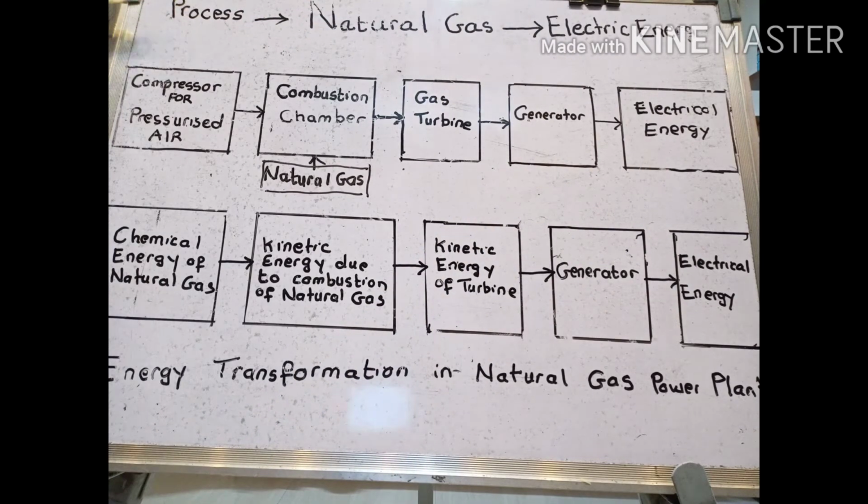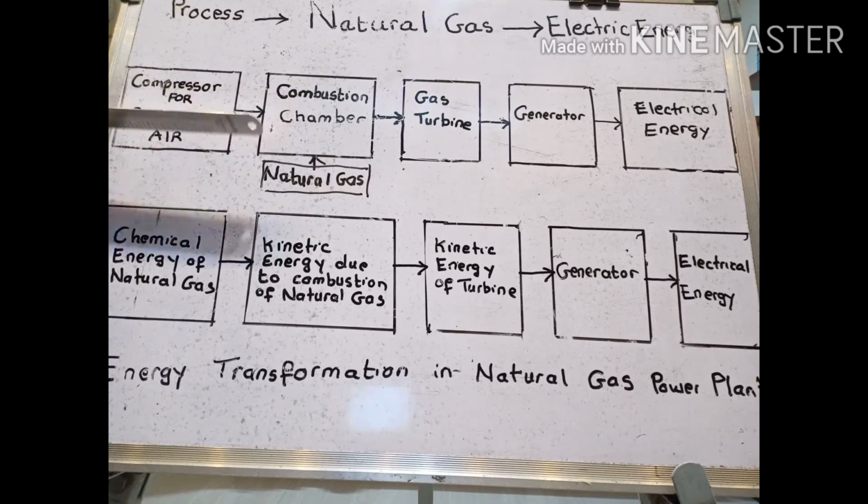So what basically happens in a natural gas power plant is that natural gas is fed first into the combustion chamber along with pressurized air supplied by a compressor. Due to combustion of natural gas, the natural gas increases in temperature and pressure.